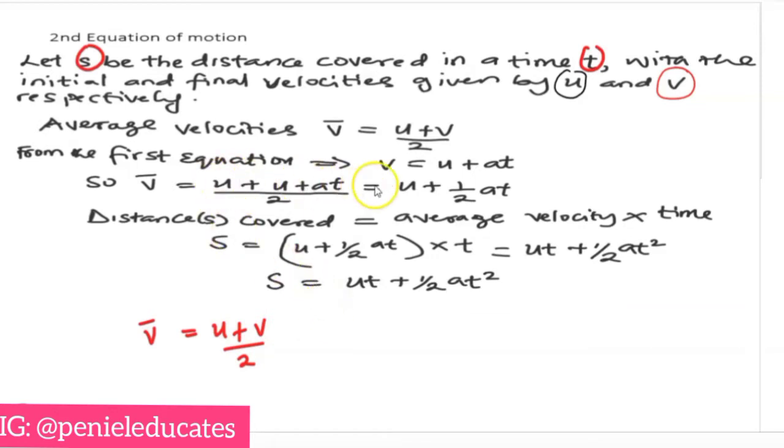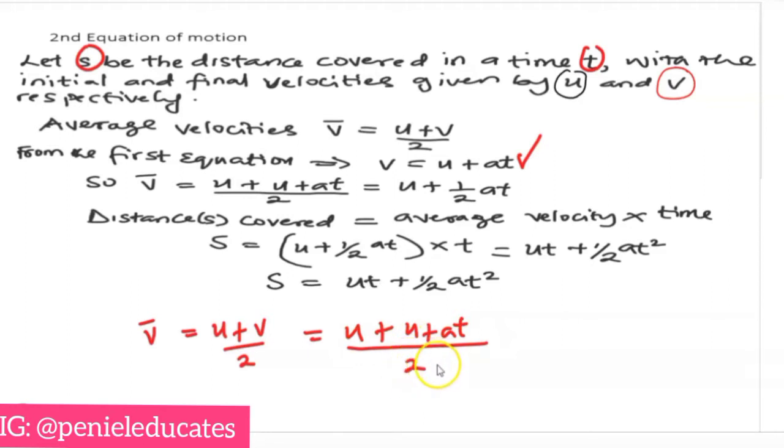Now from the first equation of motion, we have v equals u plus at. If we substitute that, we're going to have u plus, for v, u plus at, then all over 2.